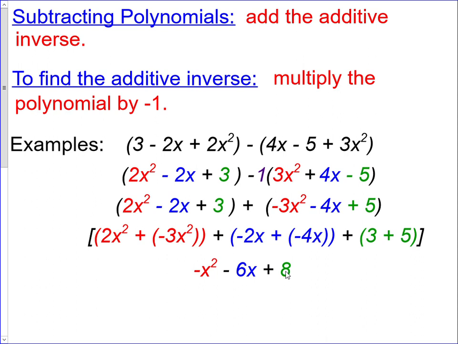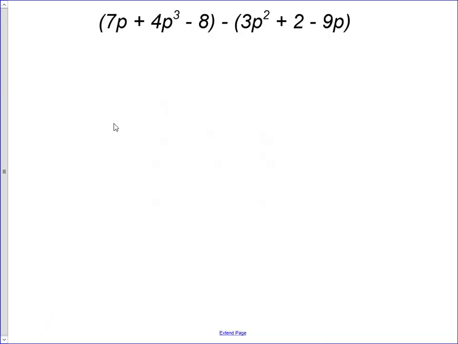Let's take a look at one more example, and in this one we'll use the vertical method. So we start out with 7p plus 4p to the third power minus 8, and then we're going to subtract from that 3p squared plus 2 minus 9p.